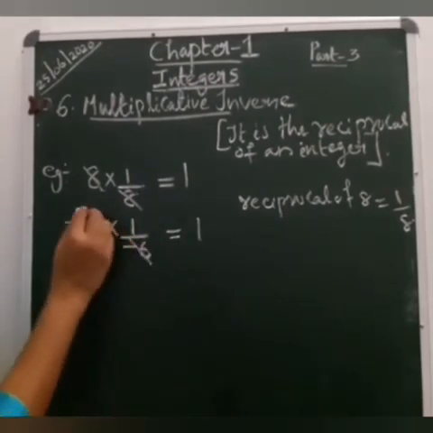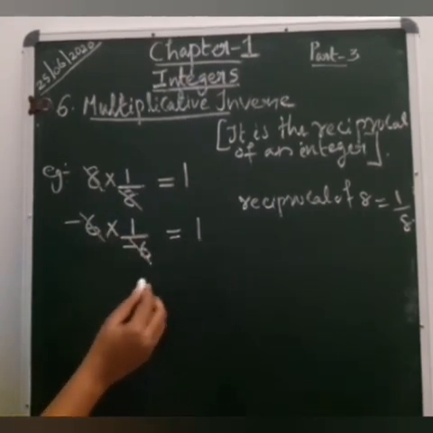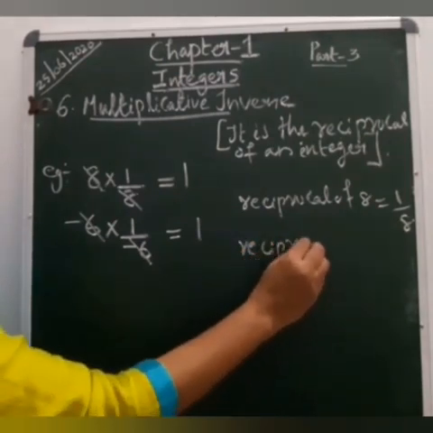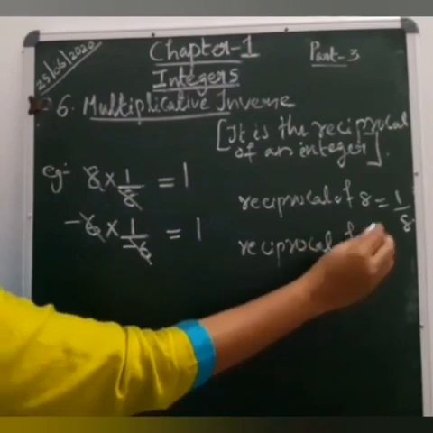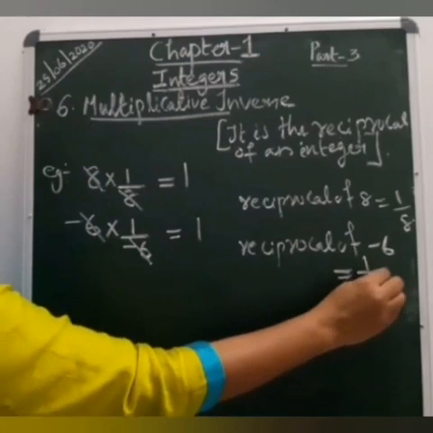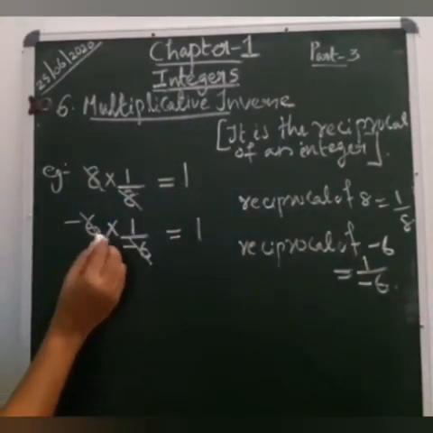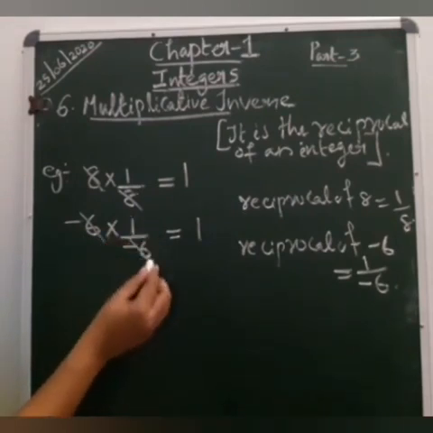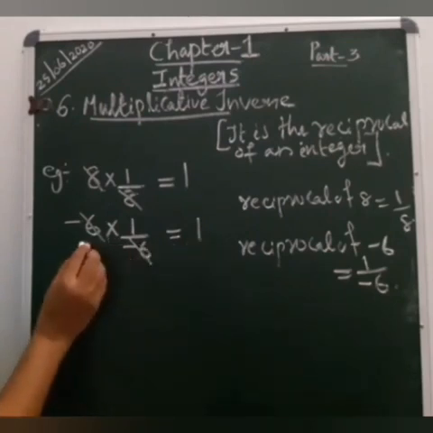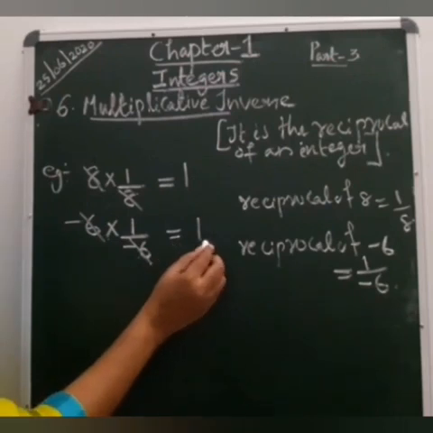Here minus 6 and minus 6 are cancelled and the answer is 1. 1 by minus 6 is the reciprocal of minus 6. That means minus 6 into the reciprocal of minus 6 is equal to 1. That is, integer into its reciprocal is equal to 1.